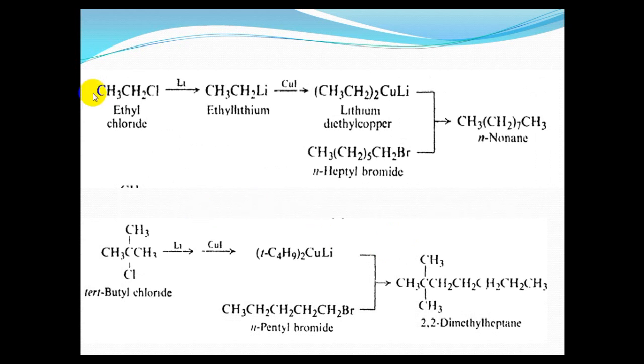For example, this is a primary halide, and maybe in the second example tertiary. This halide will react with lithium in order to produce alkyl lithium.